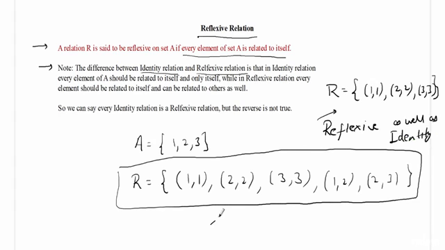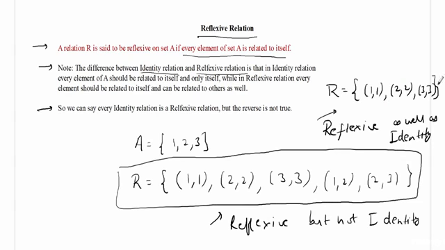This other one which you are seeing here is reflexive but not identity. Why not identity? Because for identity the condition is the elements should be related to itself and only itself and not to other elements. So you can say that every identity relation is a reflexive relation, but the reverse is not true.